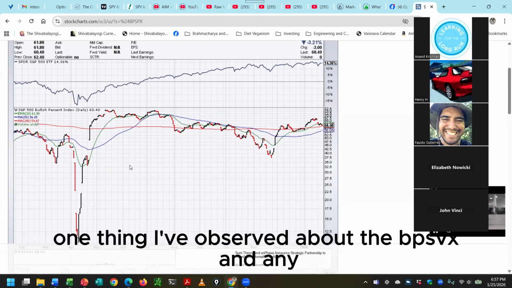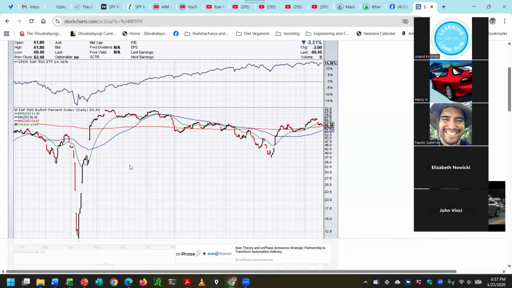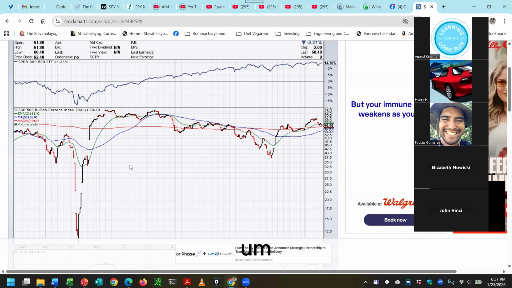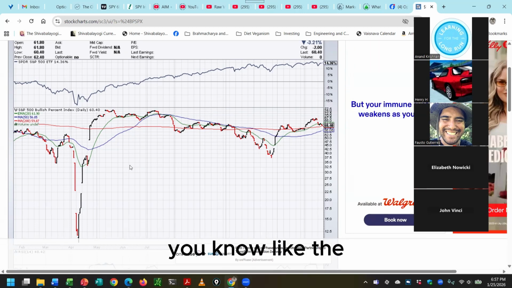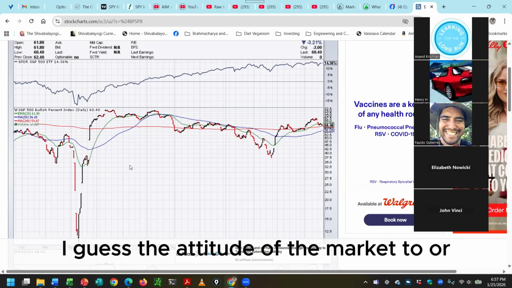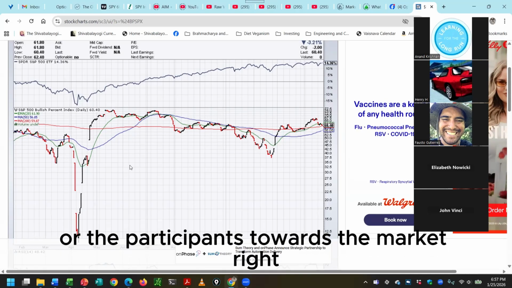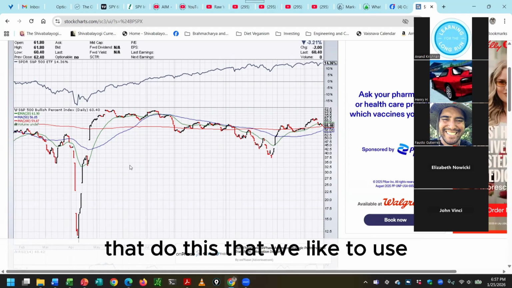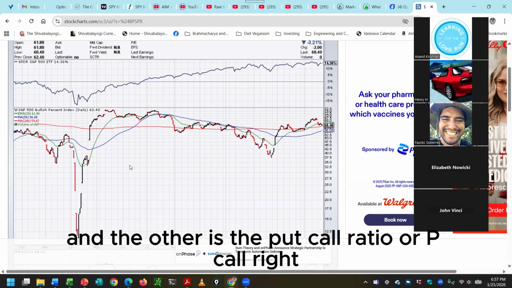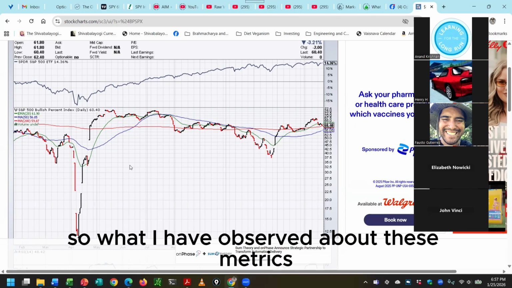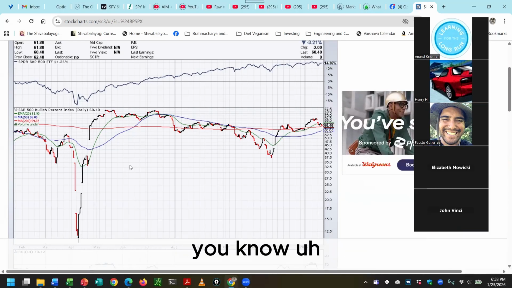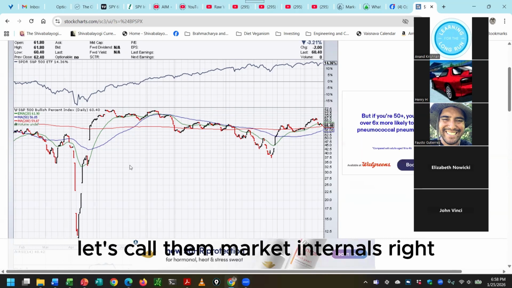One thing I've observed about the BPSPX and anything that discusses the attitude of the market or the participants towards the market: we have a couple of measures that do this that we like to use, and one is the BPSPX and the other is the put call ratio, or P call, right? What I have observed about these particular metrics, let's call them market internals, right?